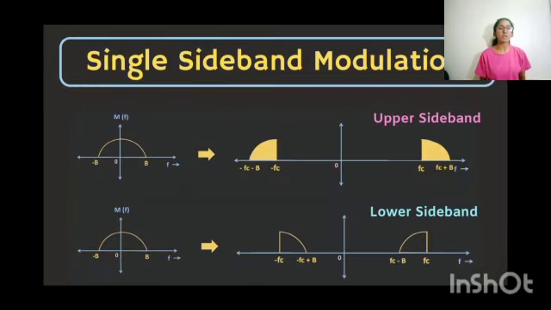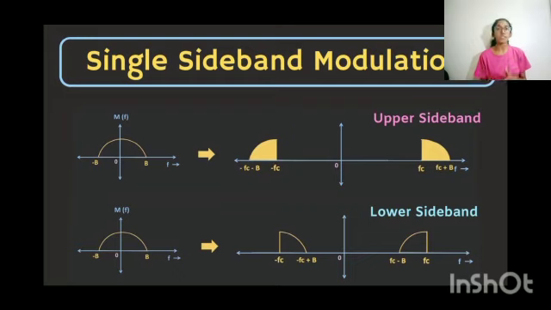Now let me explain the frequency spectrum of single sideband modulation. In the case of SSB, only one side of the band, either USB or LSB, is transmitted, because if we see the frequency spectrum, both USB and LSB contain the same information. So if we suppress either of the two sidebands, it is still possible at the receiver's end to recover the message signal.